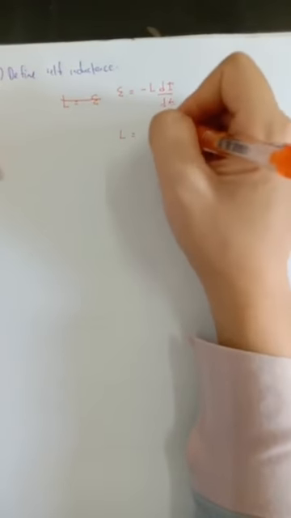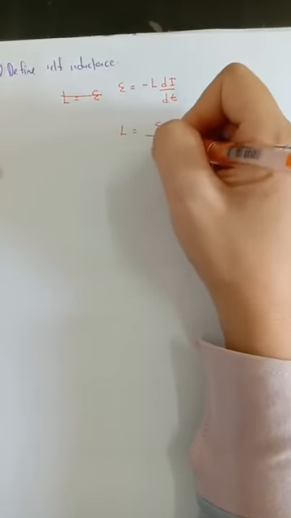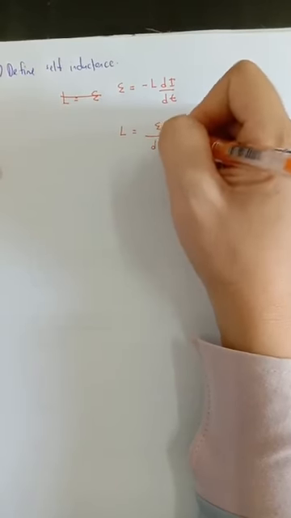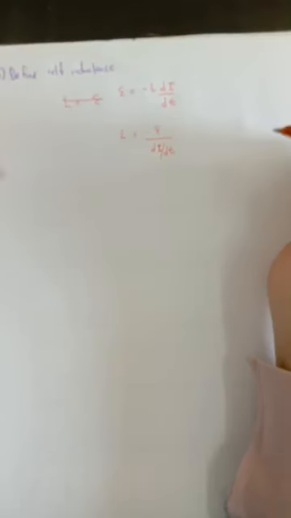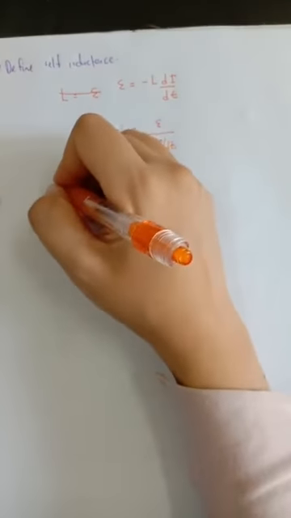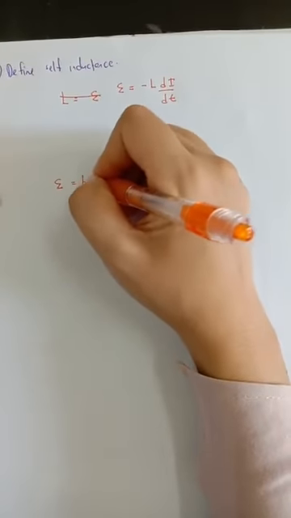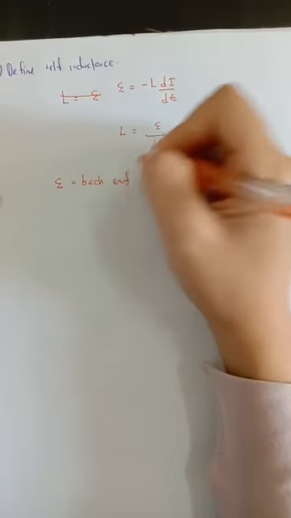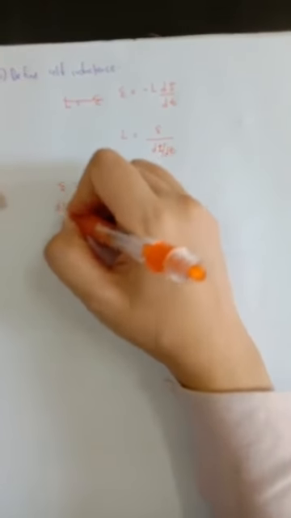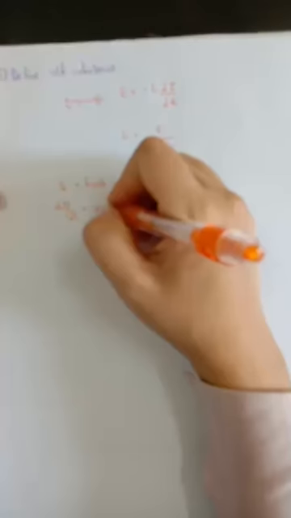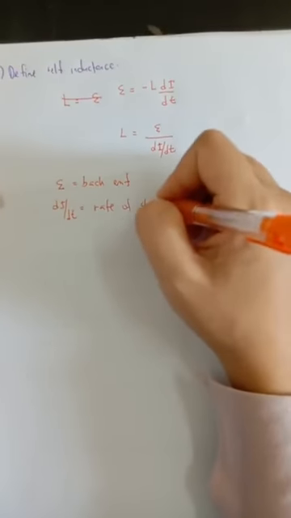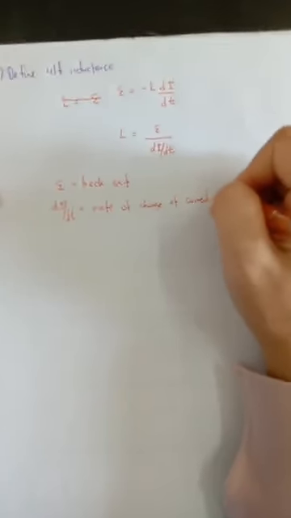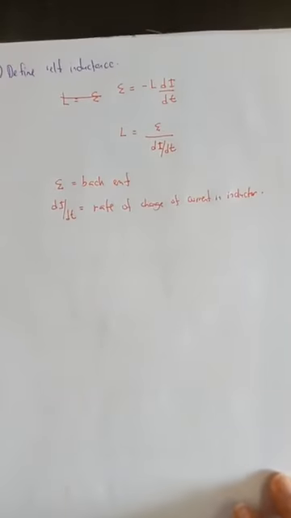Then L is EMF over di over dt. Where EMF is the back EMF, di over dt is the rate of change of current in inductor.